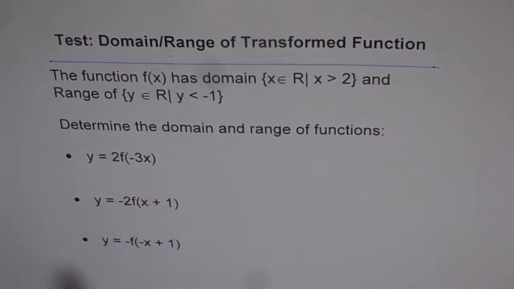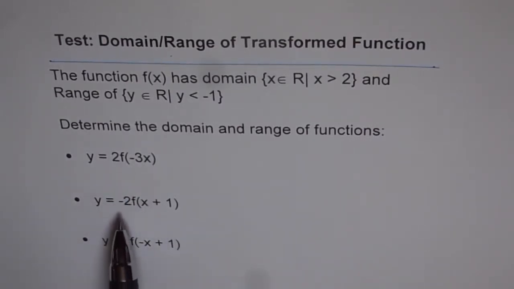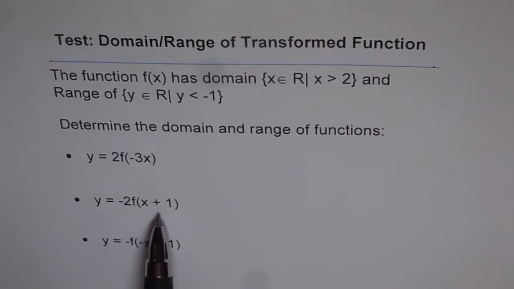The next is -2 f of x plus 1, and then we have -f of -x plus 1. As you can see, we have applied horizontal transformation, vertical transformation and horizontal transformation, and all kinds of combinations in this one. So try to do this and then look into my suggestion.